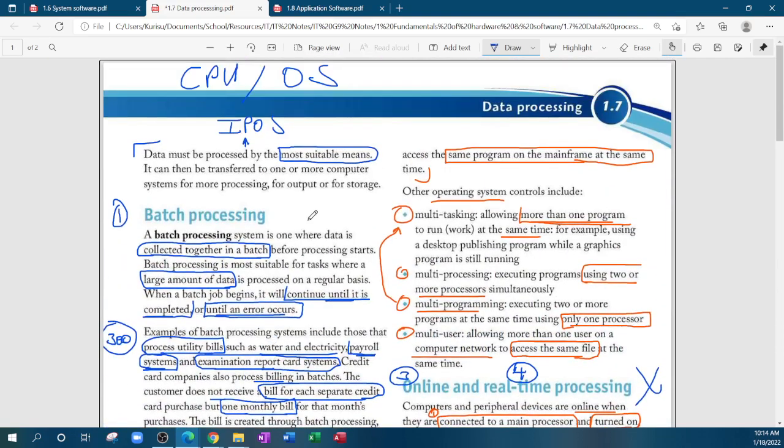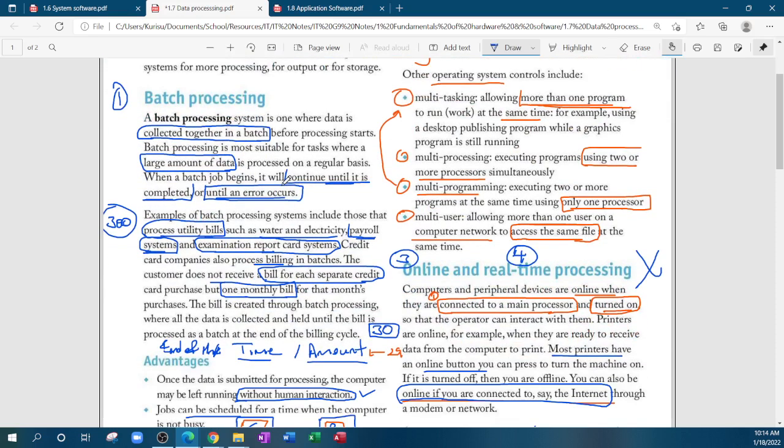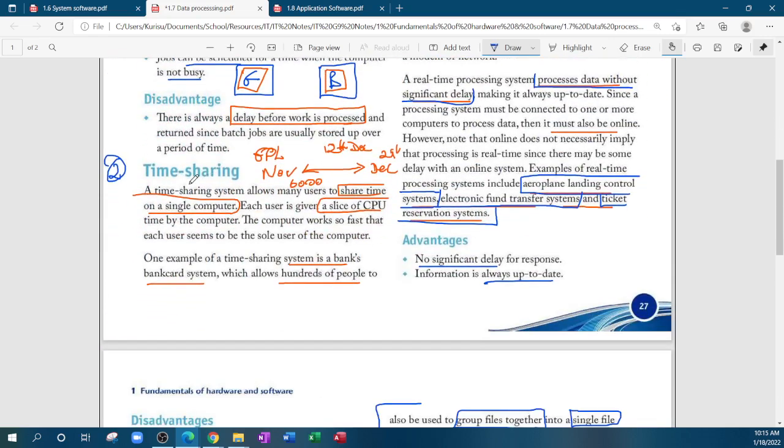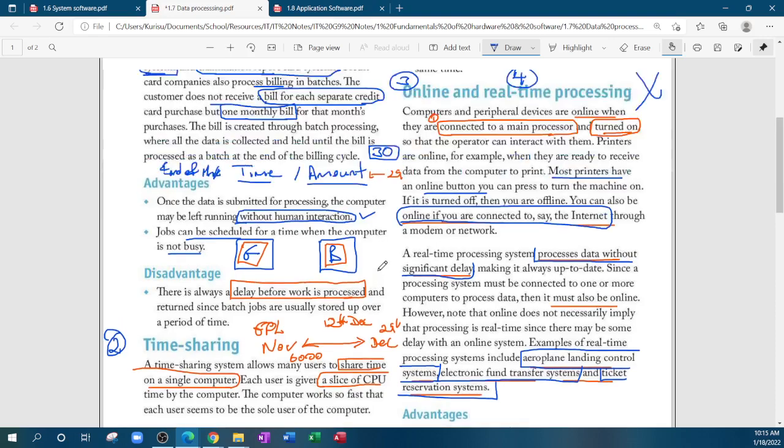So in review, we have different ways of processing data. And each method of processing data is suitable based on different requirements. So we have batch processing, which groups data into a batch and then you process the data. You have time sharing, which shares a single system with multiple programs or multiple persons.